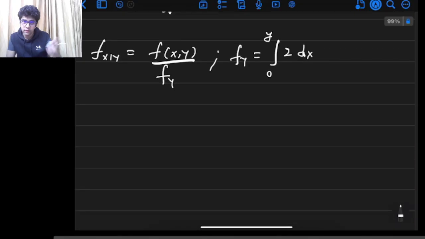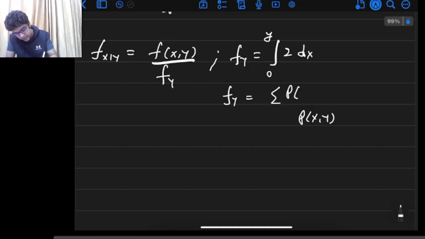To explain more, if you know discrete probability, the formula for f(y) is the summation of the probability function, the sum of P(X=i, Y=y) over i from negative infinity to positive infinity, where y is equal to y.